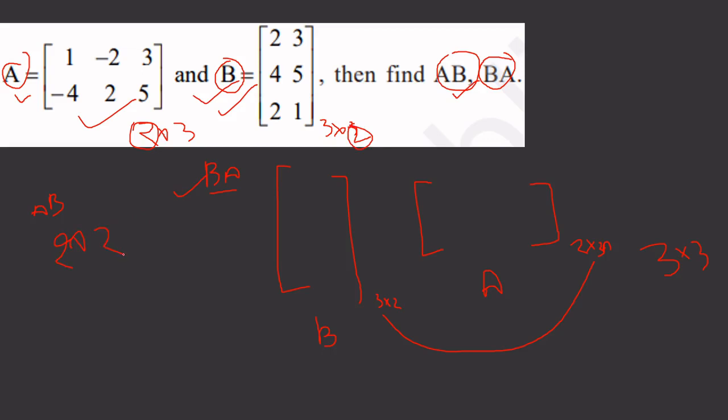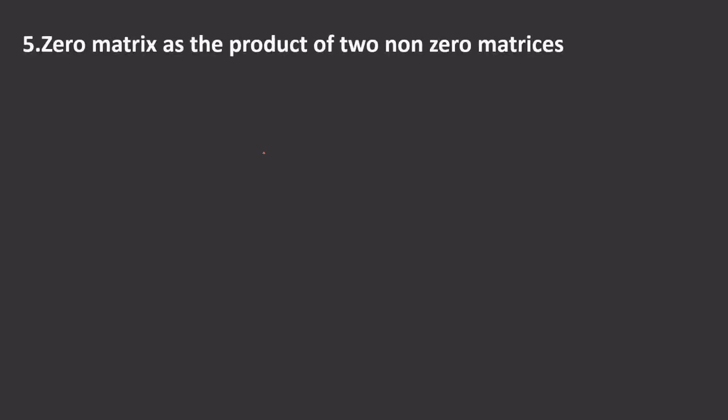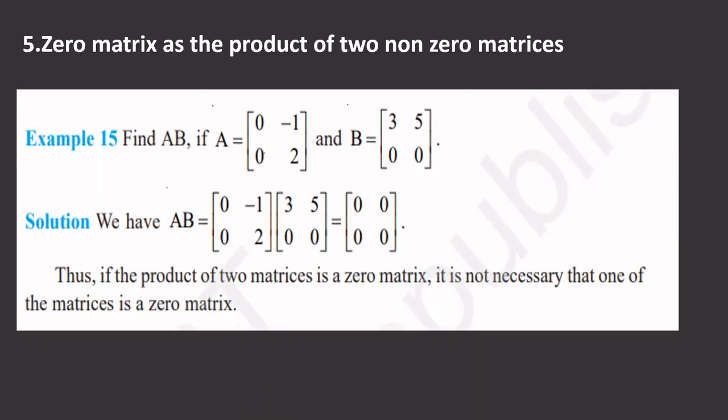Now we can clearly see that AB is not equal to BA. Why? Because the order of the matrices is not the same. A 2 cross 2 matrix is formed after the AB multiplication, and a 3 cross 3 matrix is formed after BA. This clearly indicates that AB is not equal to BA. We have to be careful about the multiplication and how it differs from the conventional method.